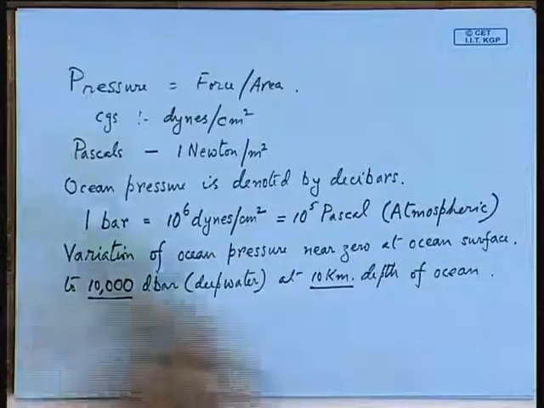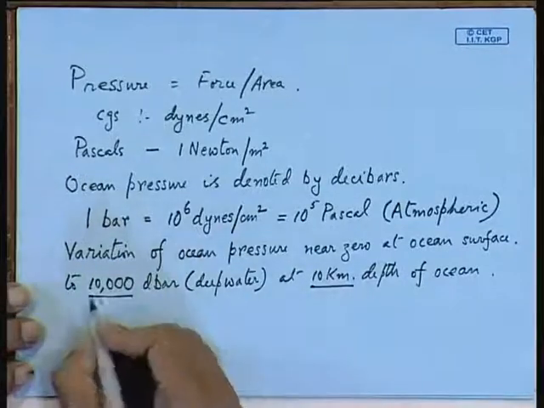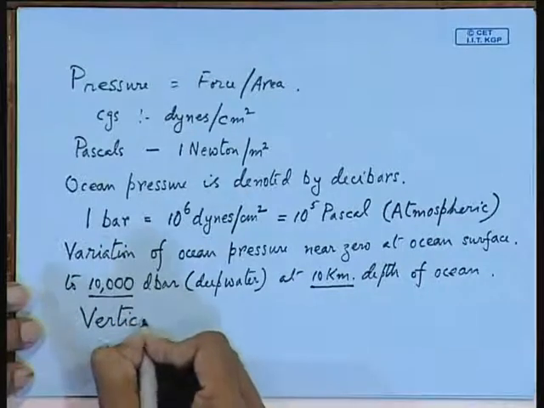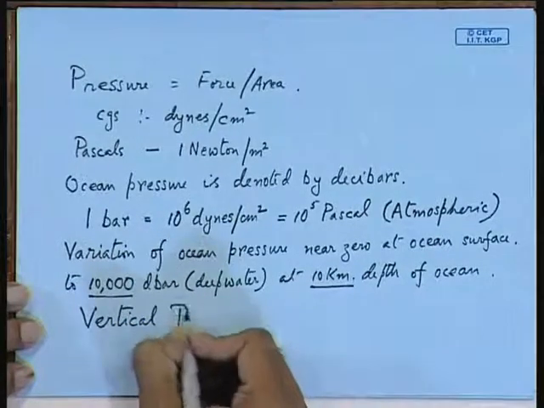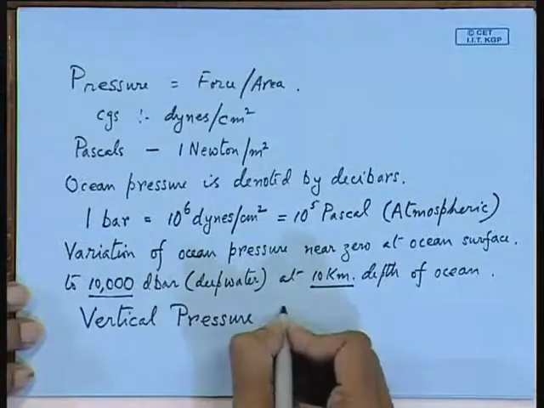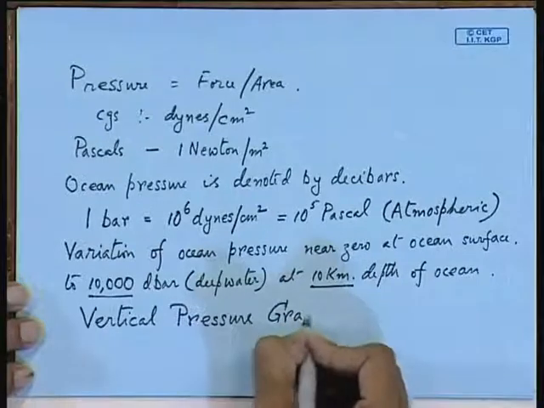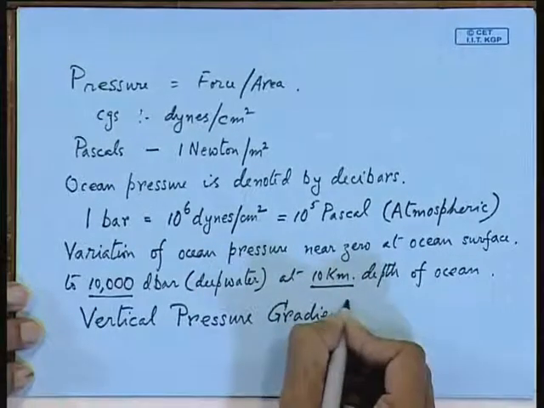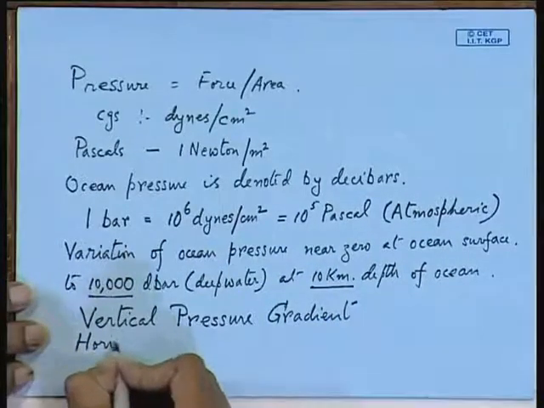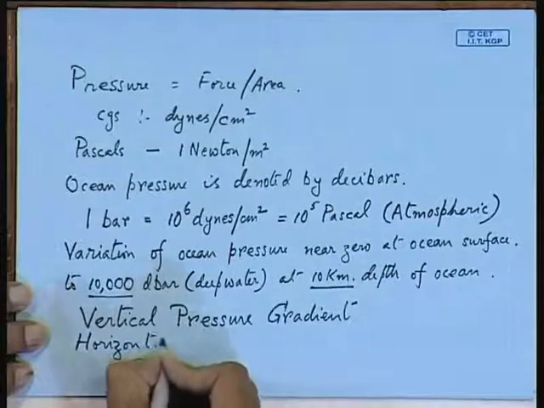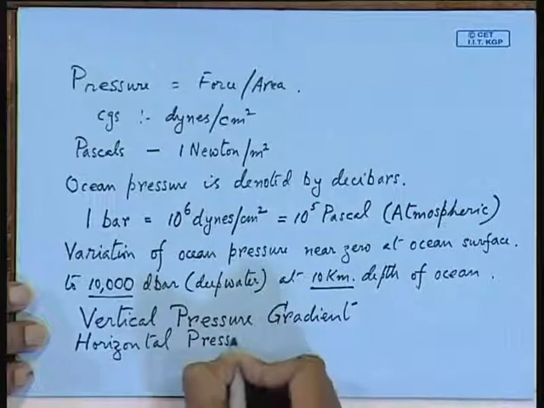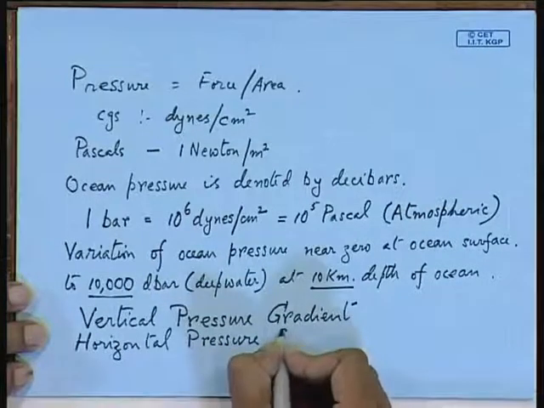Now, so far this is your vertical. There are 2 types of pressure gradient. One is the vertical pressure gradient, and the other is the horizontal pressure gradient. So, what are these two types of gradients and what do they do?